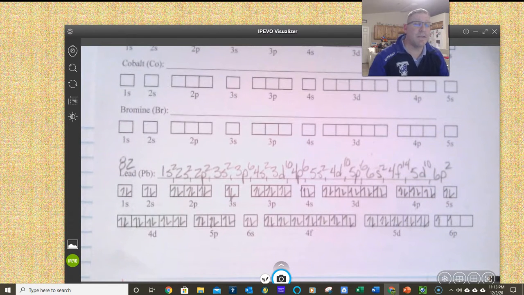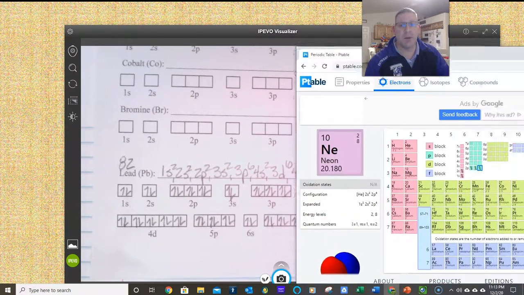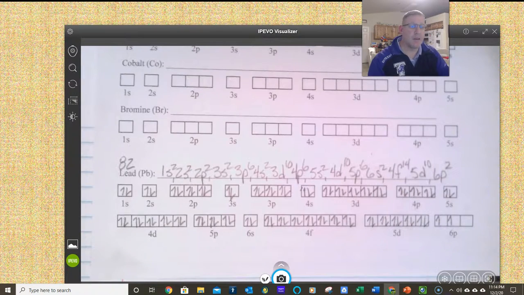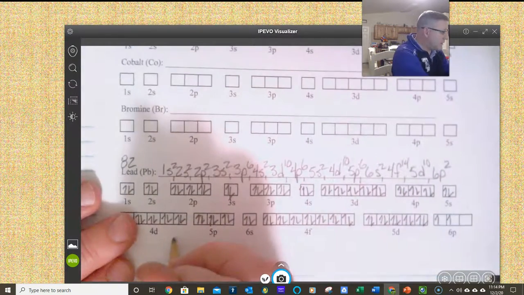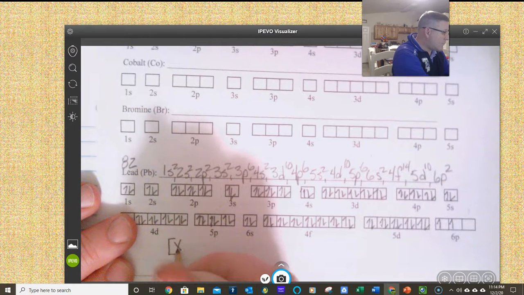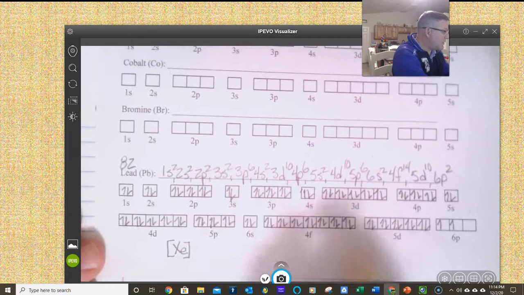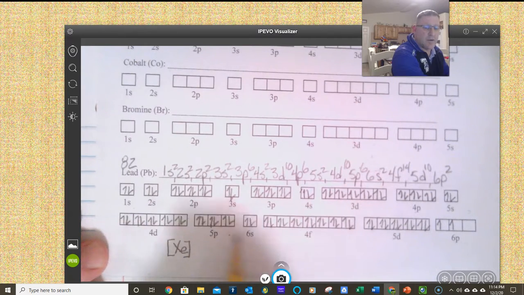If I want to make my life easier, I would use an abbreviated format for this electron configuration. The previous noble gas for lead, if I pull in my periodic table, lead is here. My previous noble gas is atomic number 54, xenon. So I will go to xenon, put it in my brackets, and that was in the 5p category.